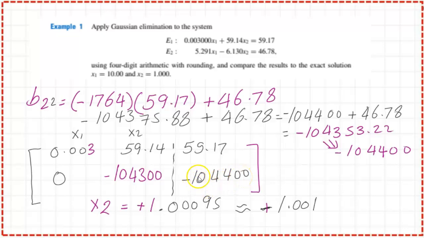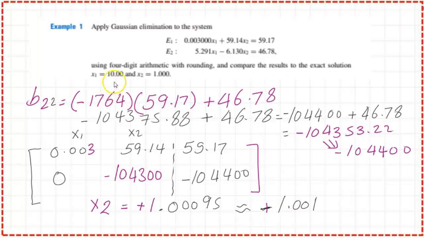So if we divide this value by minus 1043, this will give us positive values. This is a minus and this is a minus, and we get x2 equal to plus 1.0000095. Again, we'll round the digits. This 0 will become 1. So x2 is plus 1.001.